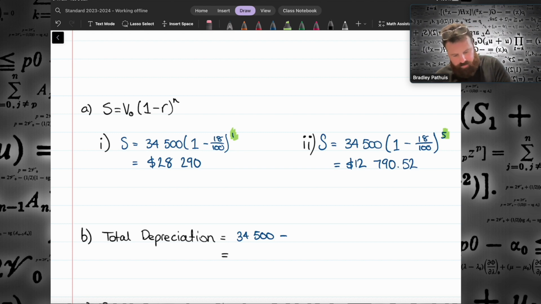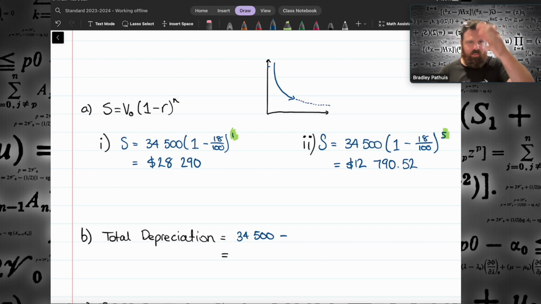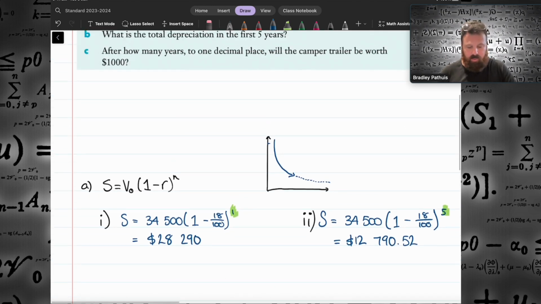So what that means, if I was to have a quick graph, initially it's up here, has some value at 34,500, and slowly over time it's going to curve like this, and it's going to continue to get close to that $0. It's going to slowly decrease. That's the declining balance. That's what the picture will look like.